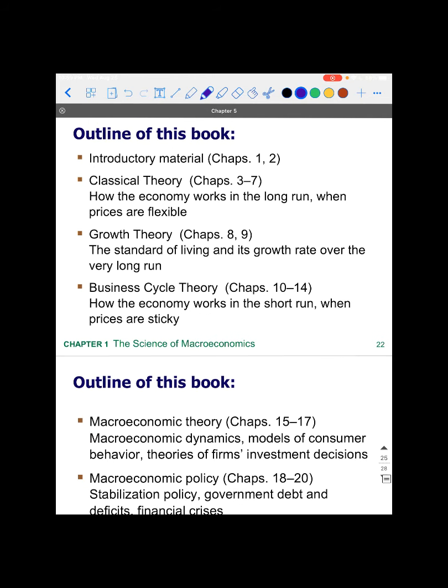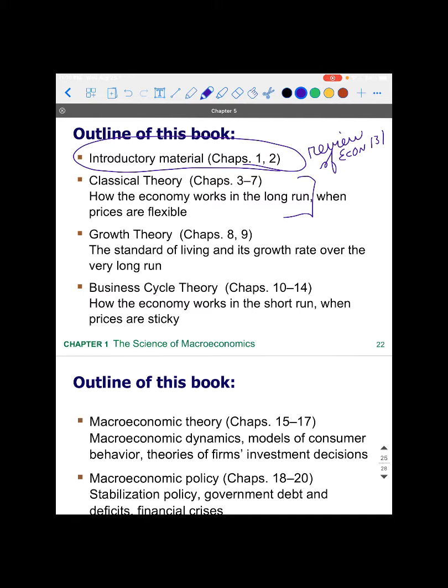For the most part in this course, this week and next week, we're going to start with the introductory materials. You can think of that as a review of Econ 131. Then we're going to start the introduction to the classical theory, and then we'll have our first exam.